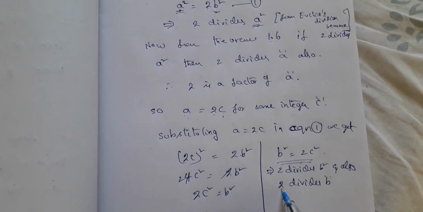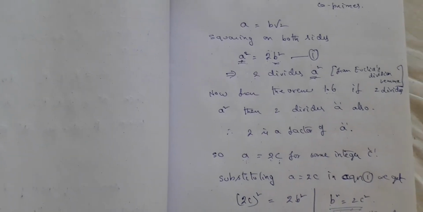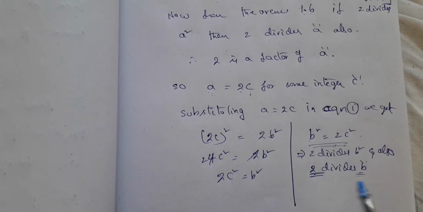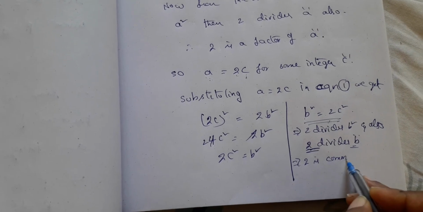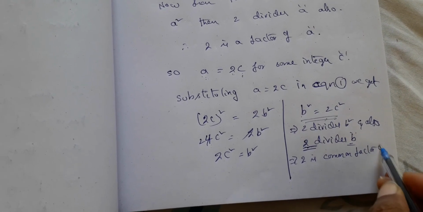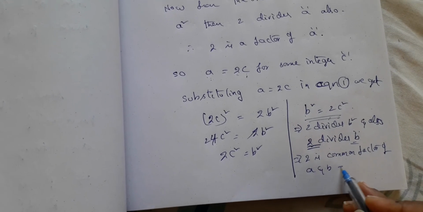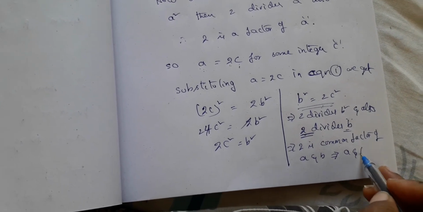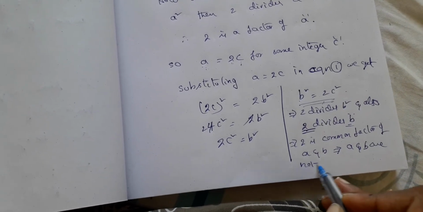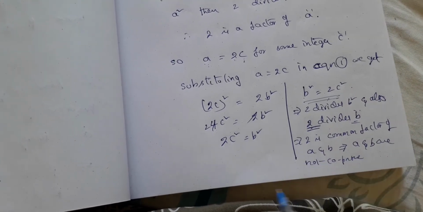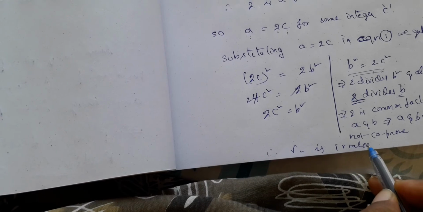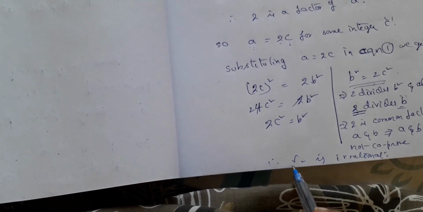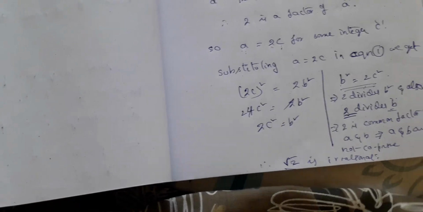So therefore 2 divides B as well as 2 divides A, which means that 2 is a common factor of A and B, which implies A and B are not coprime. Therefore whatever we have assumed is wrong, hence root 2 is irrational.